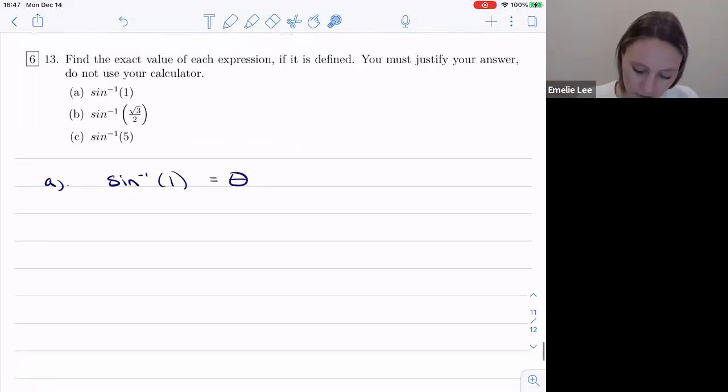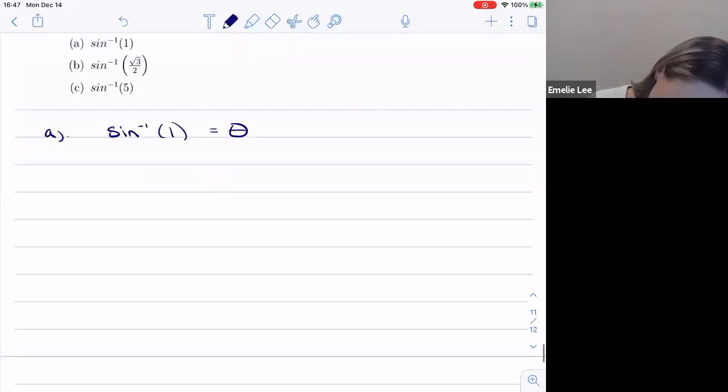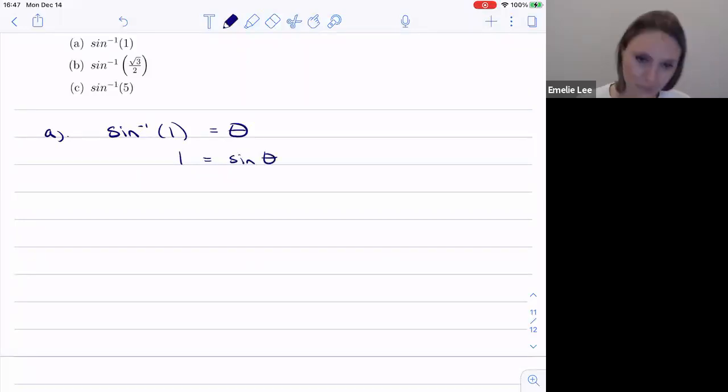So here, what I'm going to do is I'm just going to shift. So I add this theta here because that's true. I can shift this sine over, and then it's just telling me that sine of theta is 1. So now I can have 1 is the sine of theta, right? Just kind of shifting that inverse sine over.